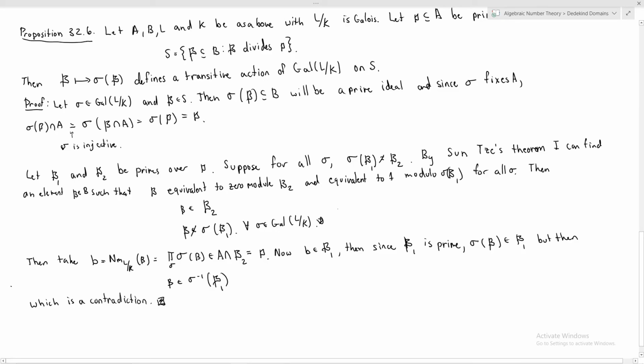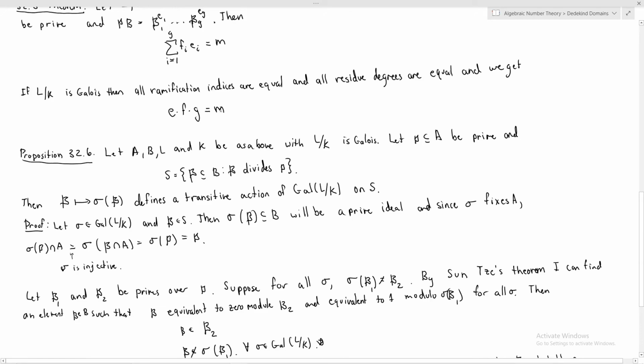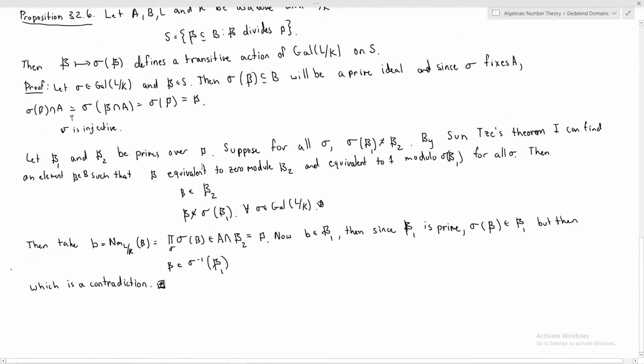Hence, there has to be some sigma which takes B1 to B2. So basically, the Galois group in this setting acts transitively on these prime ideals over a given prime ideal. And this is going to be useful to show that the ramification indices and the residue degrees are all equal in the Galois setting.